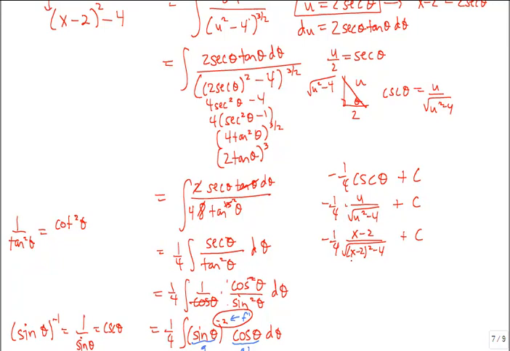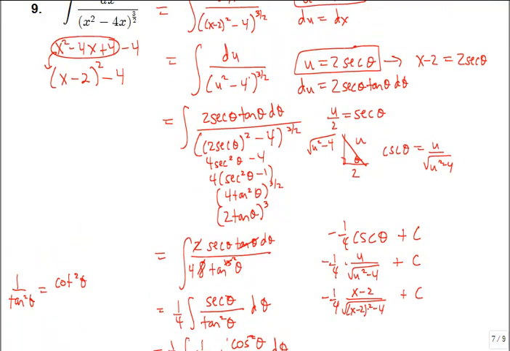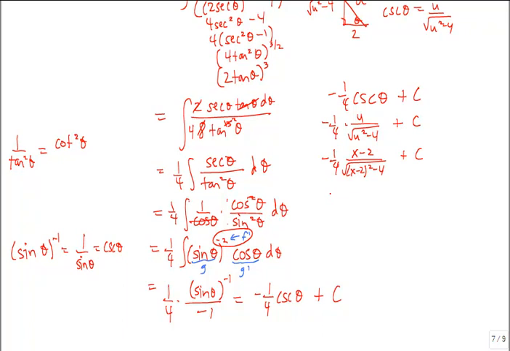If you want, again, just an option, remember that x minus 2 quantity squared minus 4, this right here, was actually x squared minus 4x if you FOILed it out and canceled out your 4's. So if you want, you could rewrite this as x minus 2 over negative 4 square root of x squared minus 4x plus c. And there's our final answer.